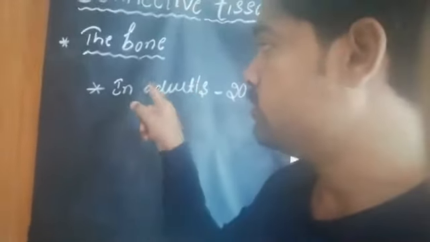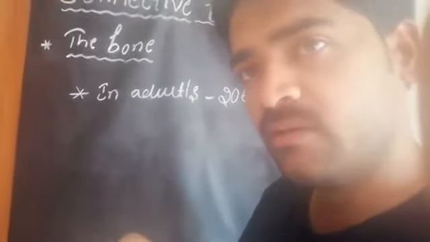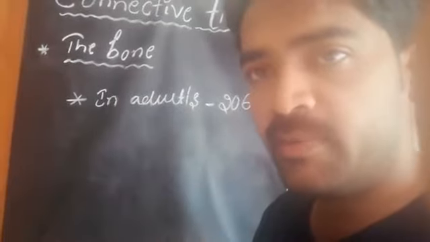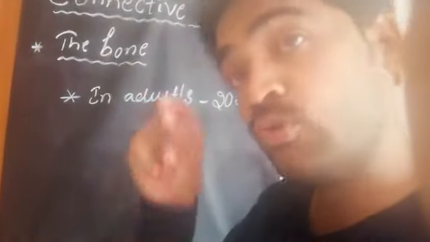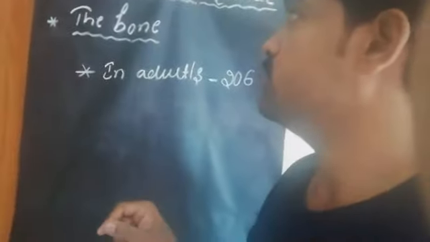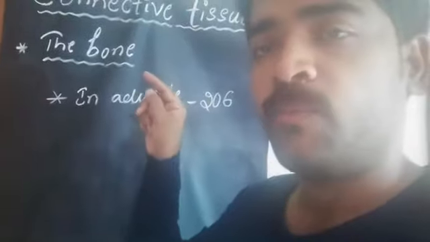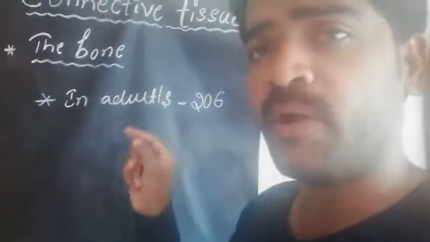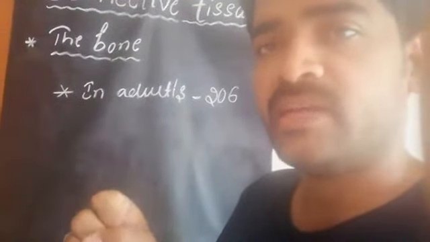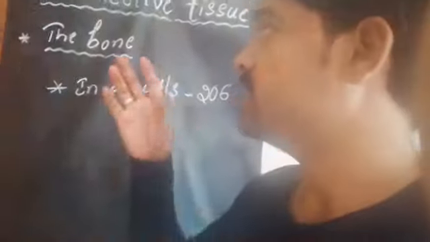The material which connects bones to other bones is called the ligament, and bones to muscles is called the tendon. So this is about the connective tissue called the bone, which provides us better support, strength, as well as the framework to our body. This is regarding the bone tissue.